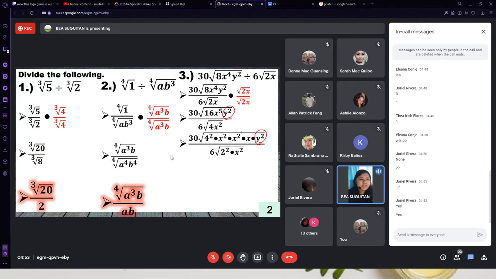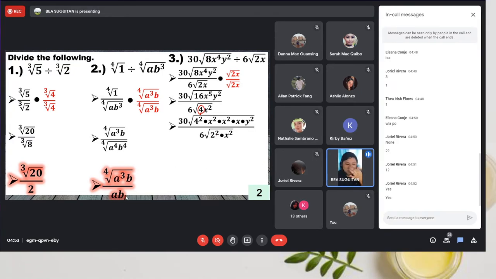Okay? And then for our denominator, we also express our radicand into exponential form, which is 4. Si 4, we converted that into its exponential form, which is 2 squared. And since our x squared right here is already a perfect square, we just have to copy that.